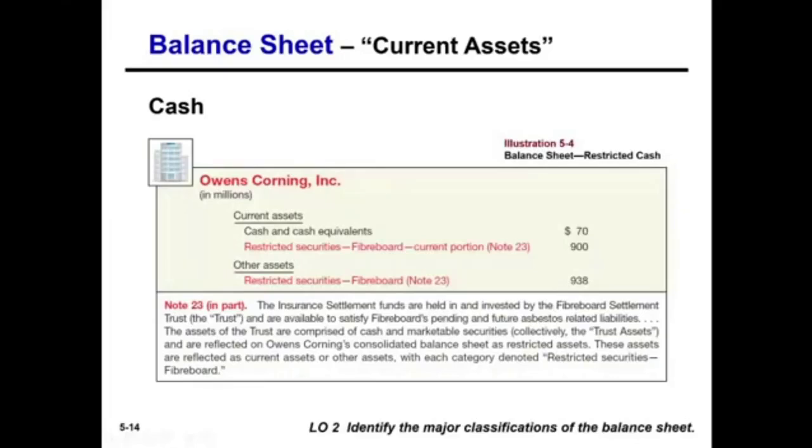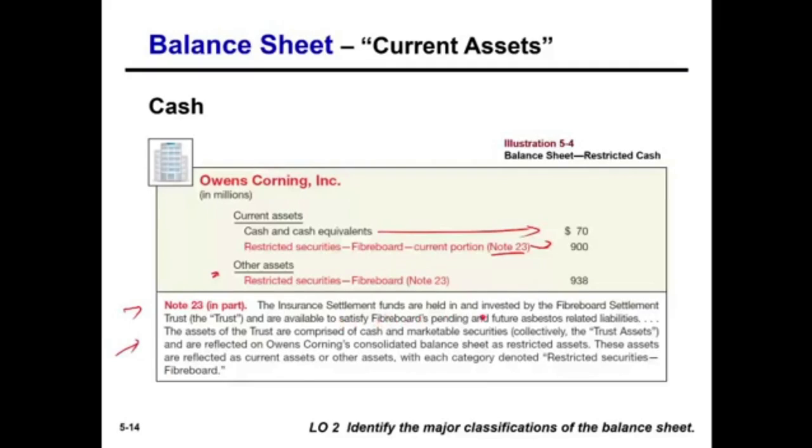This is another example of current assets for Owens Corning. So they have cash and restricted securities. Again, you would look at note 23, and sometimes you might have other restricted securities under other assets. Here is how you could read this, to see how sometimes they have restrictions on certain investments.